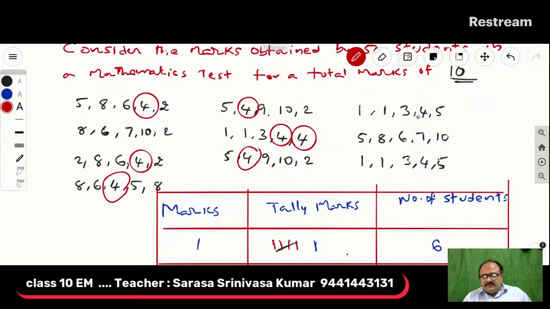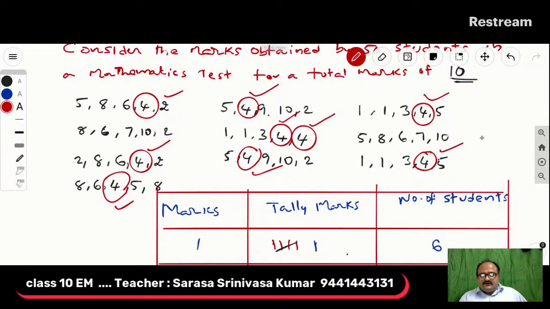Seventh student. Eighth student. Ninth student. So how many students got 4 marks? We have observed 1, 2, 3, 4, 5, 6, 7, 8, 9. 9 students got 4 marks.